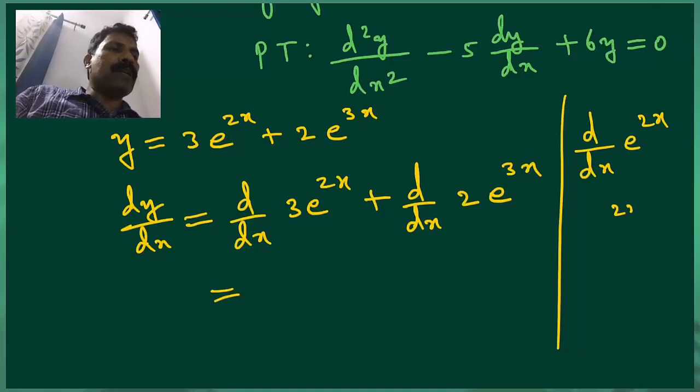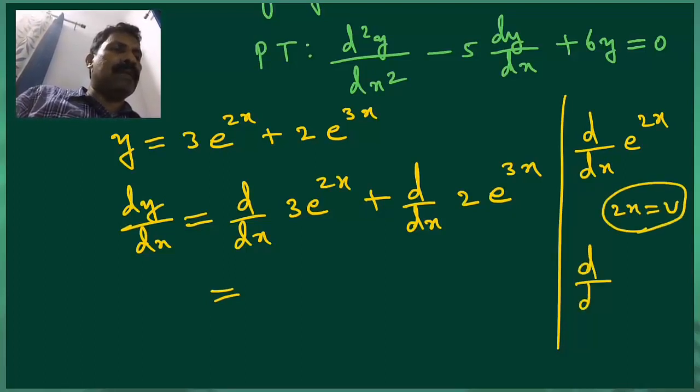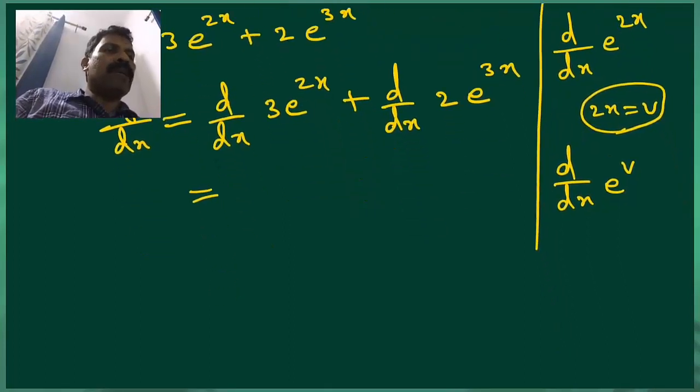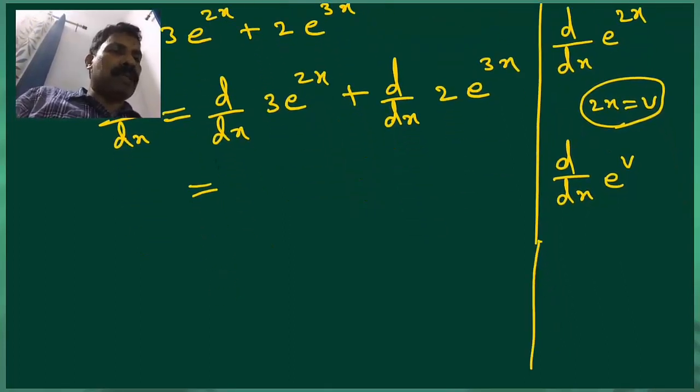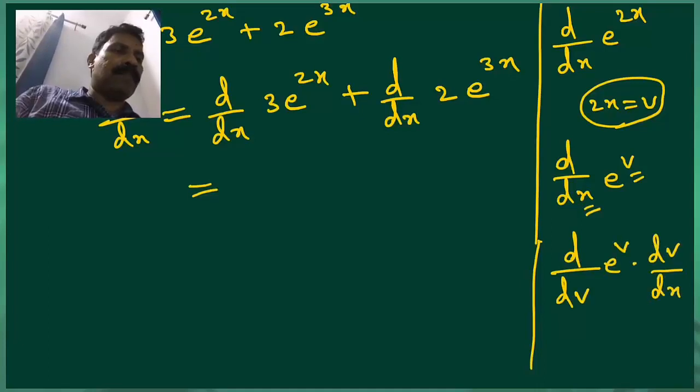So if you put 2x is equal to something v, then d by dx of e power v. But we cannot proceed now because there is a problem of variable mismatching. So you have to manage it, that is d by dv e power v into dv by dx.